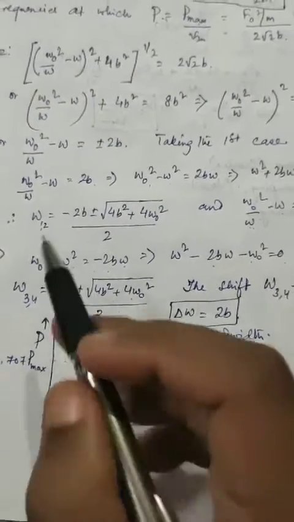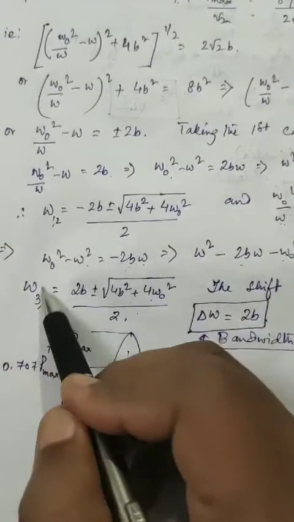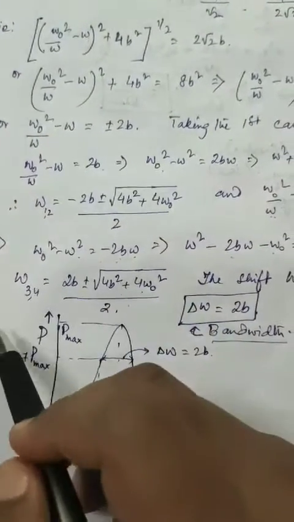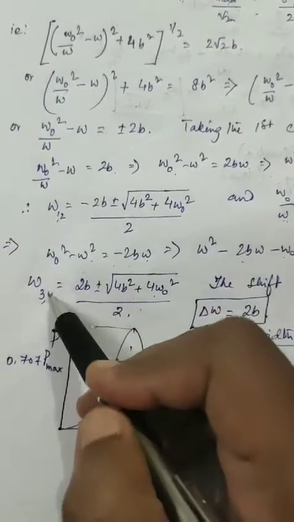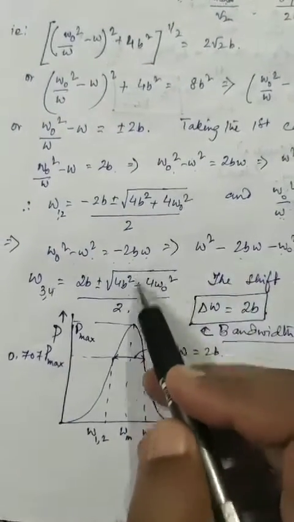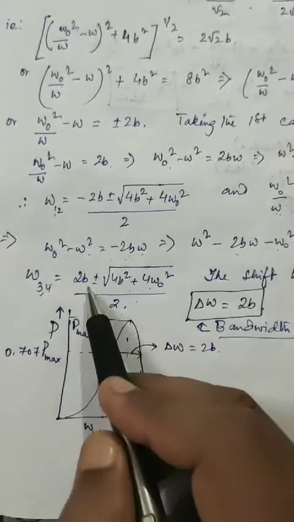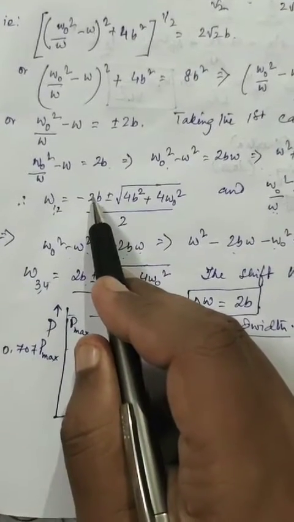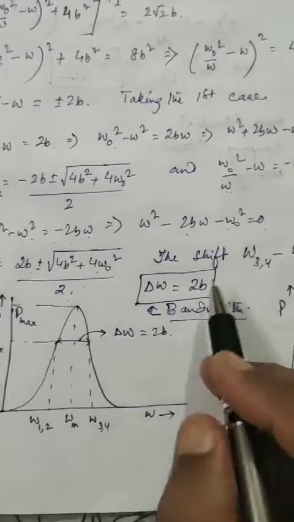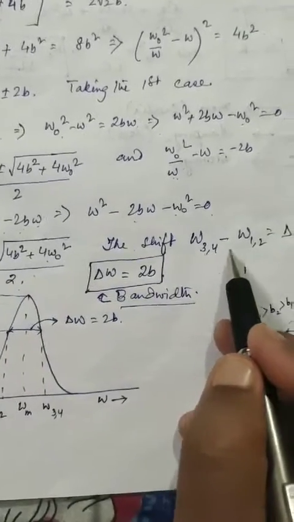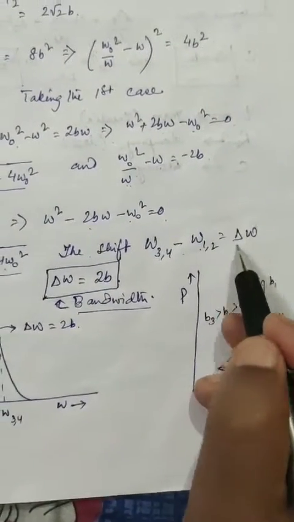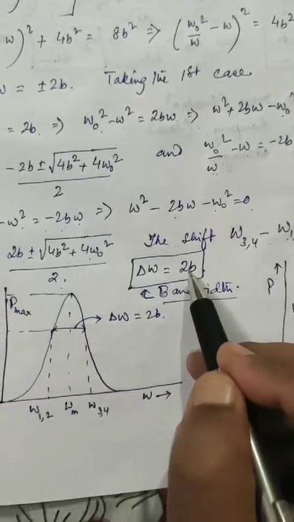So what is the difference between these two omega values? If you subtract, this term would cancel out, and you have 2b by 2, that is b, minus minus b, that is b plus b. The shift, omega 3, 4 minus omega 1, 2, that is delta omega, is 2b.